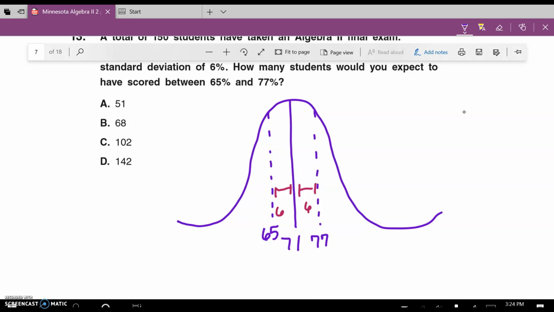So now here's the tricky part. We did talk about this. This is actually 68% of the values. The question is, how many students would you expect to have scored between 65 and 77? So this is 68% of your students.